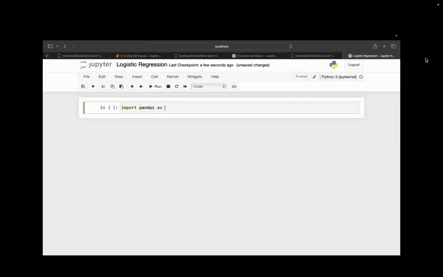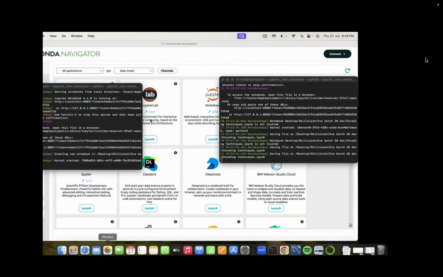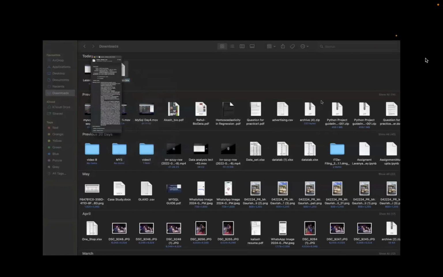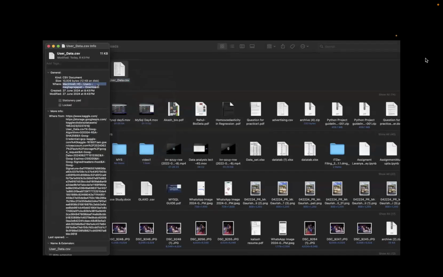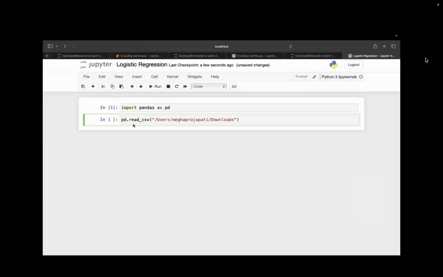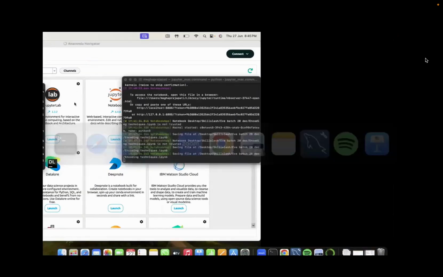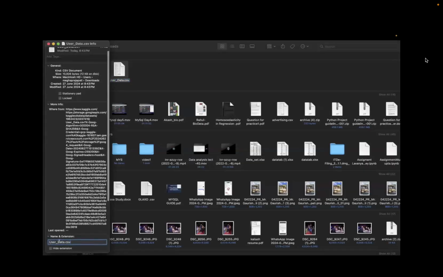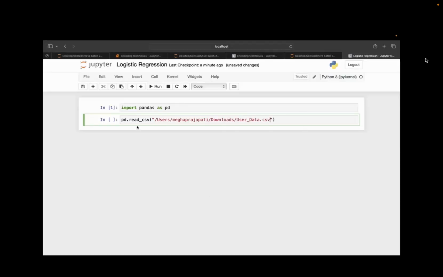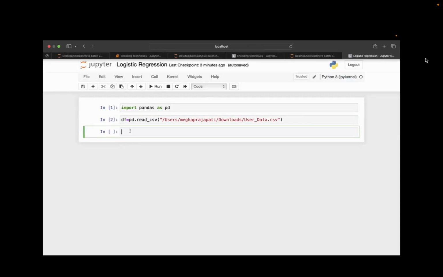Import pandas as pd. pd.read_csv, and the name of the data set. Okay, so reading is the main part which we need to understand.